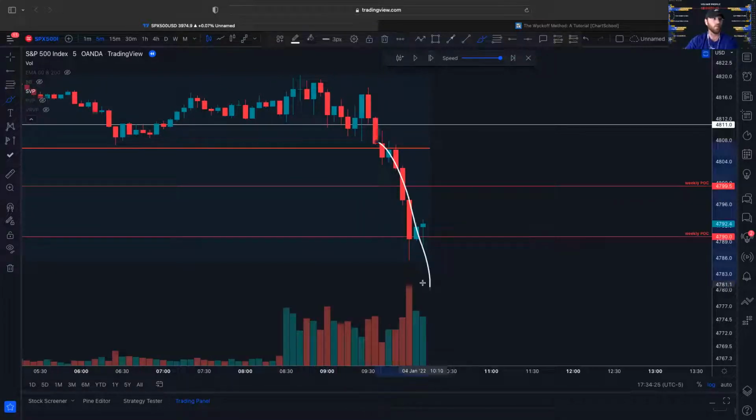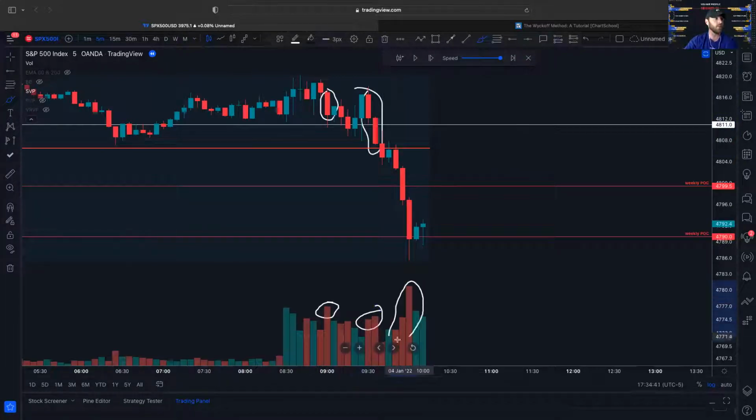Signaling to go. And then boom, we get even more increase. We get an increase in volume on these two down candles, which is what you want to see on a continuation move. And then 3 continuing candles right into the 2 weekly points of control.